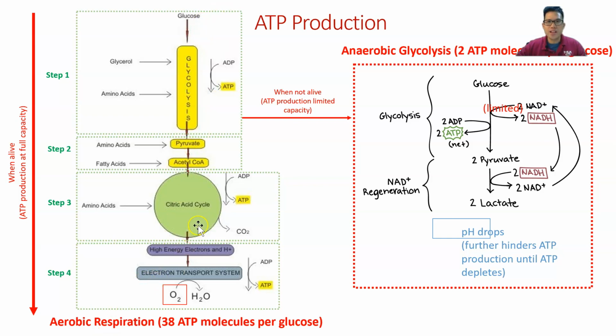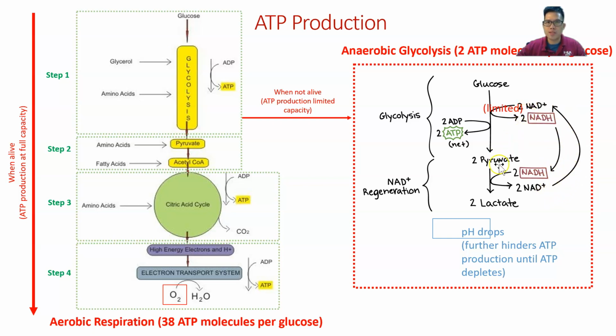In the event that there's no more oxygen, you can no longer go from step 1 through step 4. At step 1, the glucose will be converted to pyruvate in the absence of oxygen, and they need to regenerate NAD+.